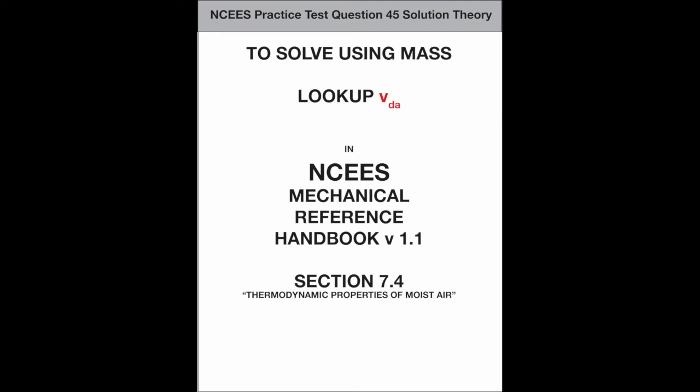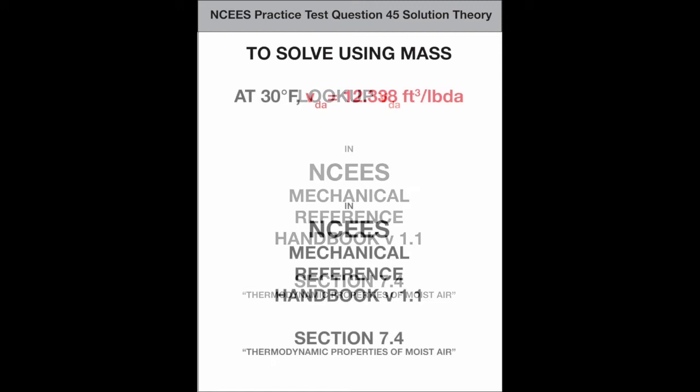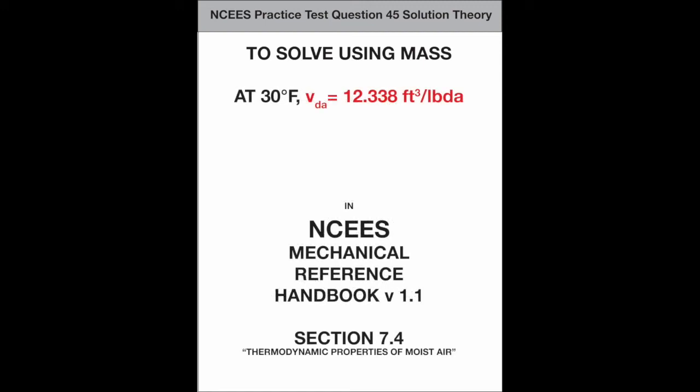Look up the dry air specific volume of the two entering airstreams in the NCEES Mechanical Reference Handbook in section 7.4. At 30 degrees, the specific volume of dry air is 12.338. At 70 degrees, the specific volume of dry air is 13.349.